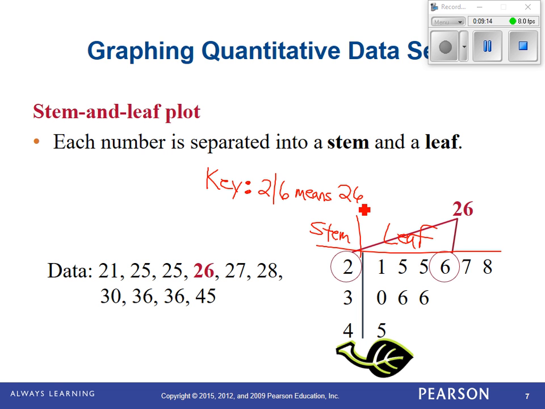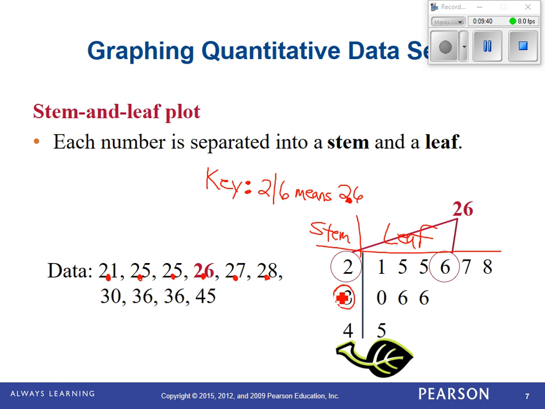Because sometimes you might have this list and instead of 26, that 2/6 might mean 2.6, and you could split it up there at the decimal. So you need that key so that you know what each one stands for.